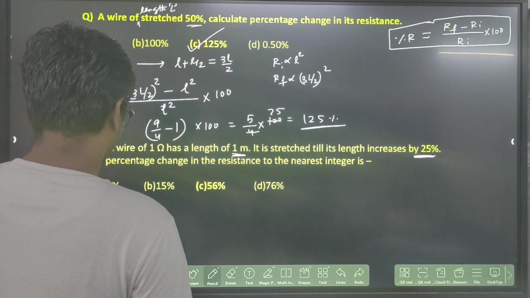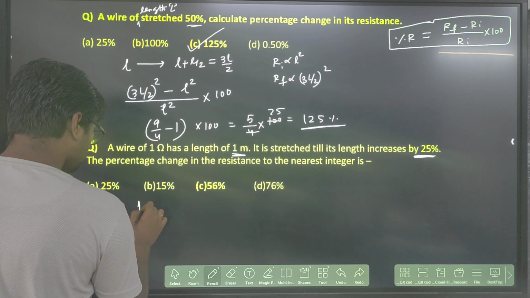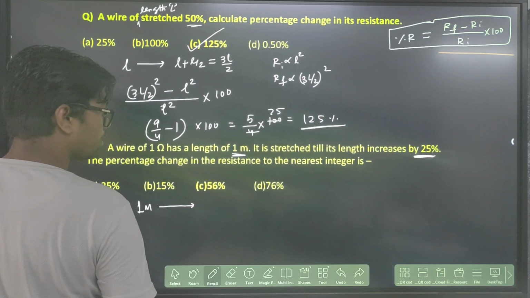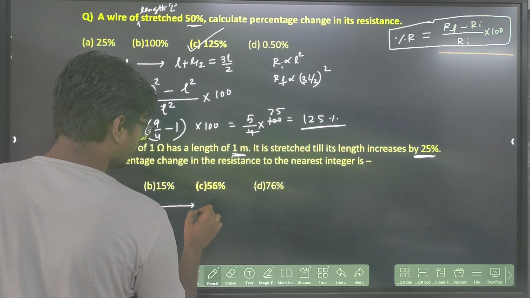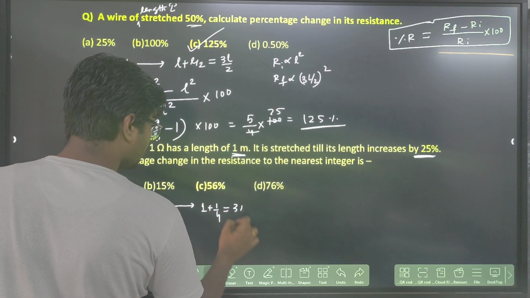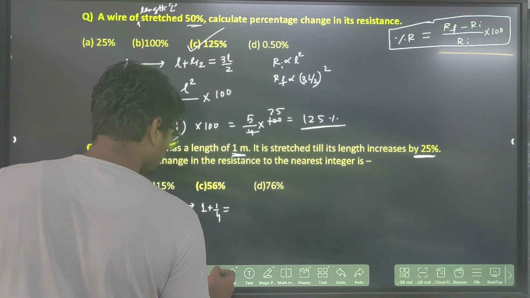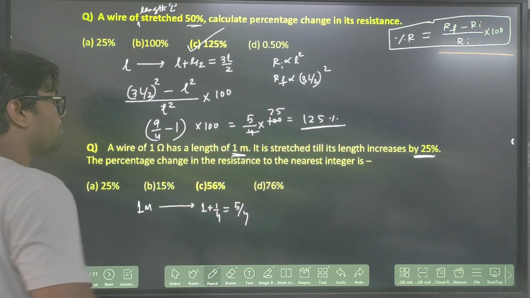Here it is given 1 meter, so it will go to which value? It is increasing 25 percentage, that means 1 plus 1 by 4, that will be your 5 by 4, right? 5 by 4. There it was 50 percentage increasing, that's why I added L by 2.